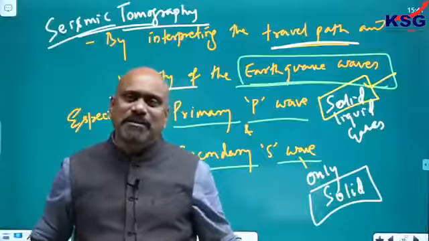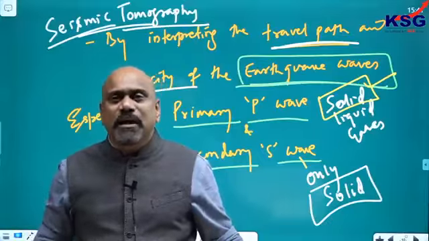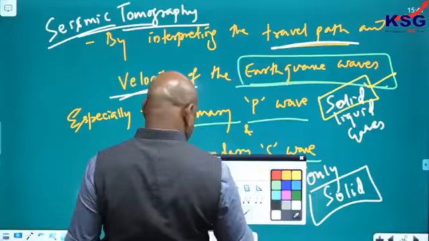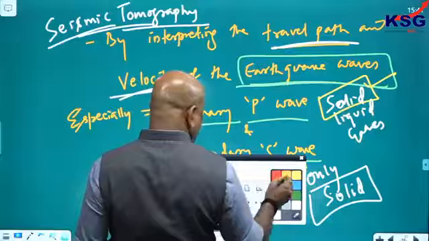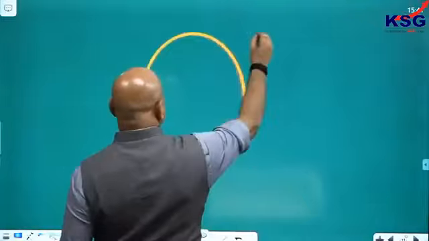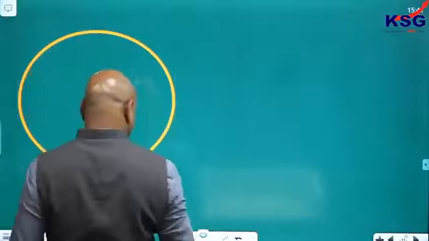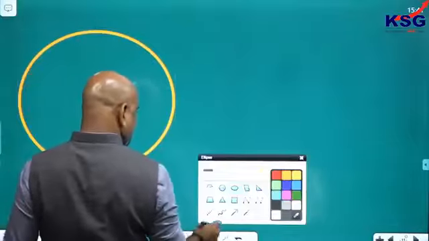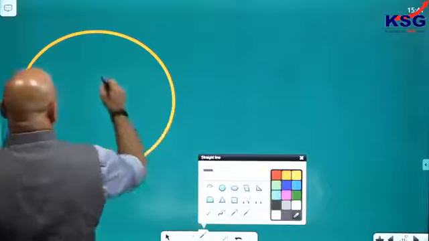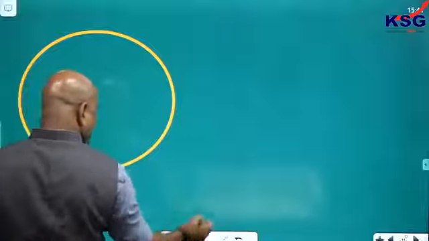You must have studied these things in your NCERT. If the earth is homogeneous, अगर अर्थ होमोजेनस है तो क्या होगा बताइए. If this is the earth here, in a homogeneous earth, what will you get? In a homogeneous earth, we will have like this, see.